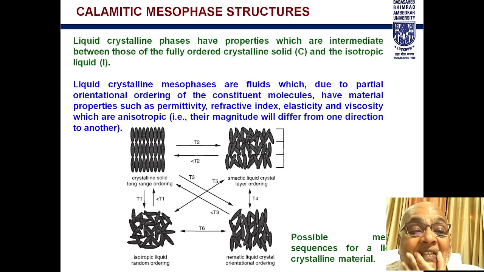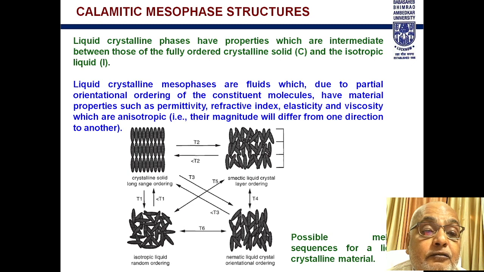Calamitic mesophase structure. Liquid crystalline phases have properties which are intermediate between those of a fully ordered crystalline solid and the isotropic liquid. Liquid crystalline mesophases are fluids which, due to partial orientational order of the constituent molecules, have material properties such as permittivity, refractive index, elasticity, and viscosity which are anisotropic.